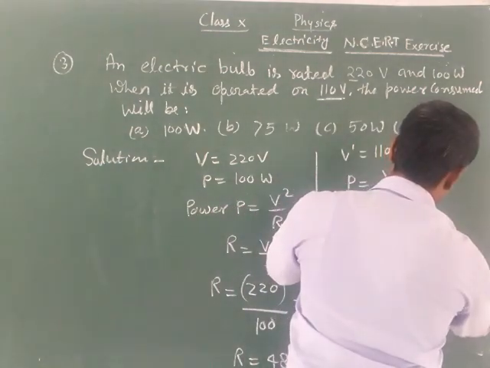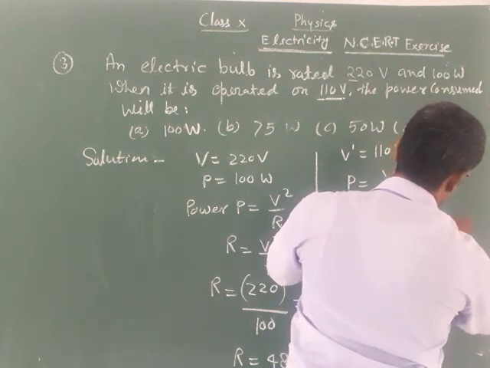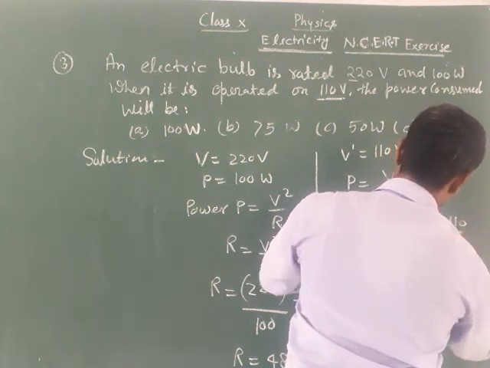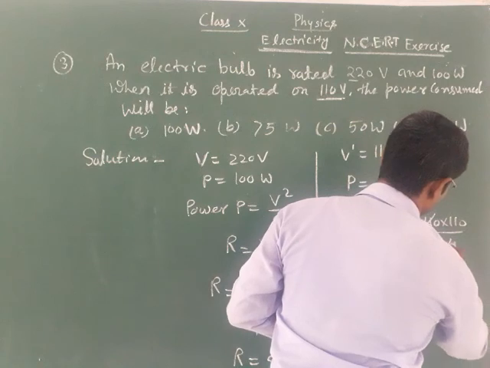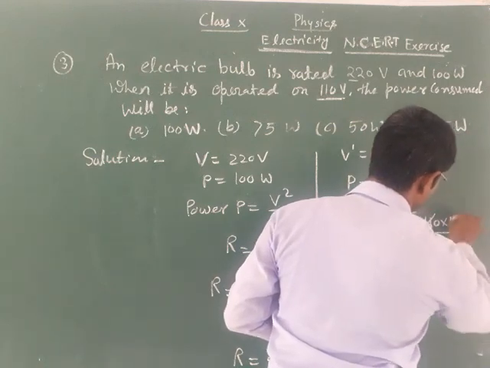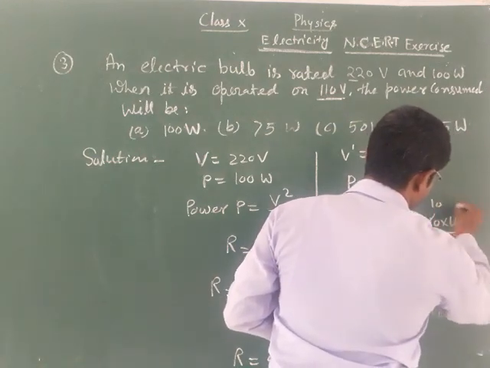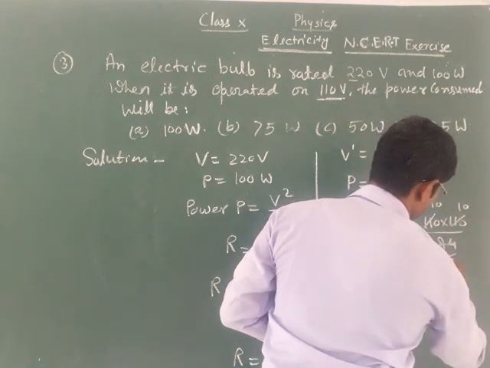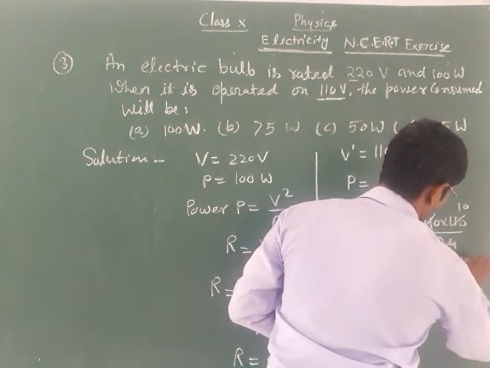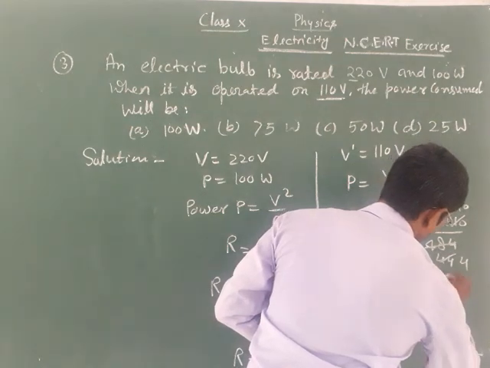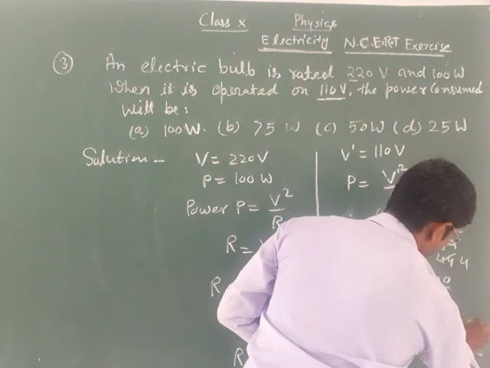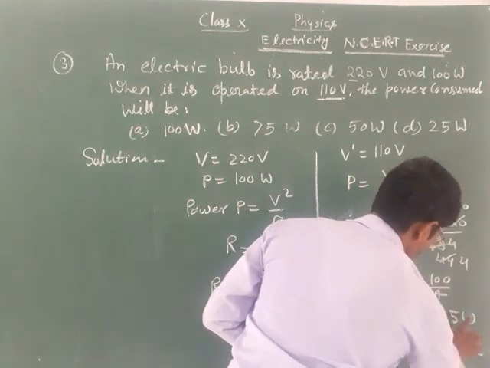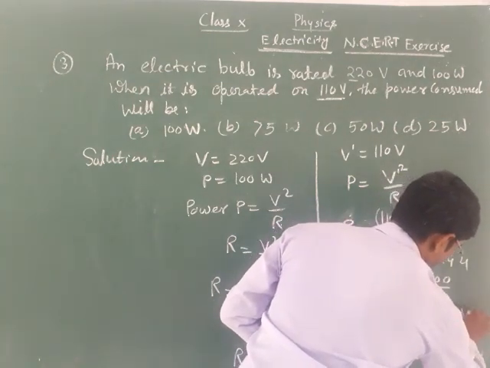So 110 into 110 divided by 484. Cancelling 11 with 44, we get 100 upon 4, which is 25 watt.